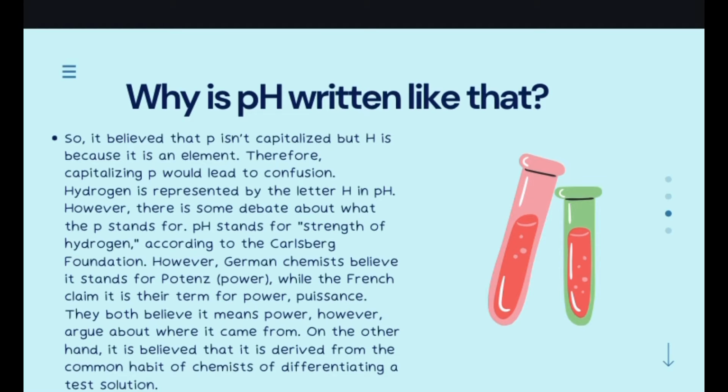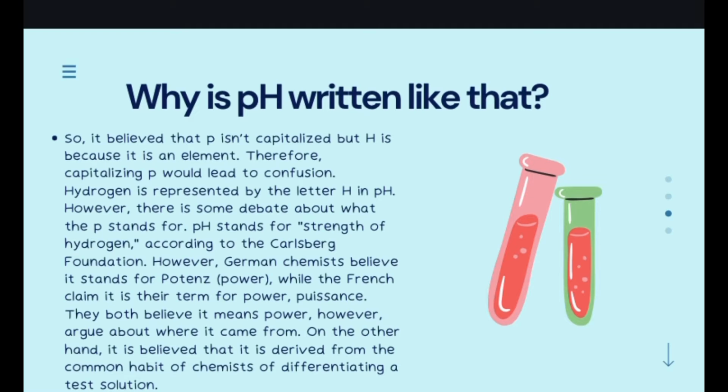However, there is another debate about P. It stands for the power or strength of hydrogen. According to the Carlsberg lab, which was the lab where pH was discovered, that's what it stands for, the strength of hydrogen. However, other German chemists believe that it stands for the word potens, which means power.